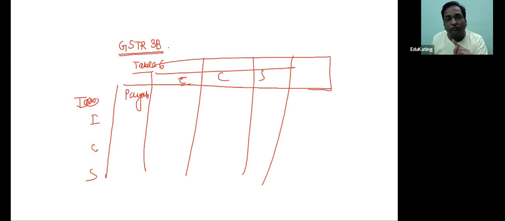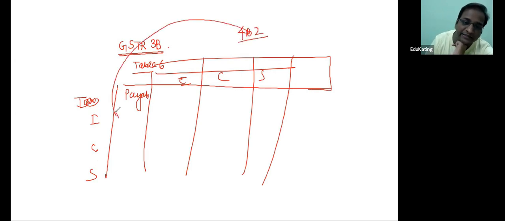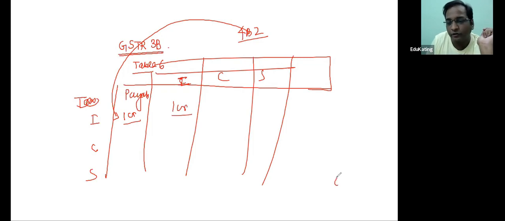This reversal of 1 crore which you reported in table 4B2 will appear in the tax on outward supply as 1 crore, which you can utilize against this IGST ITC of 1 crore and then click on the offset button.